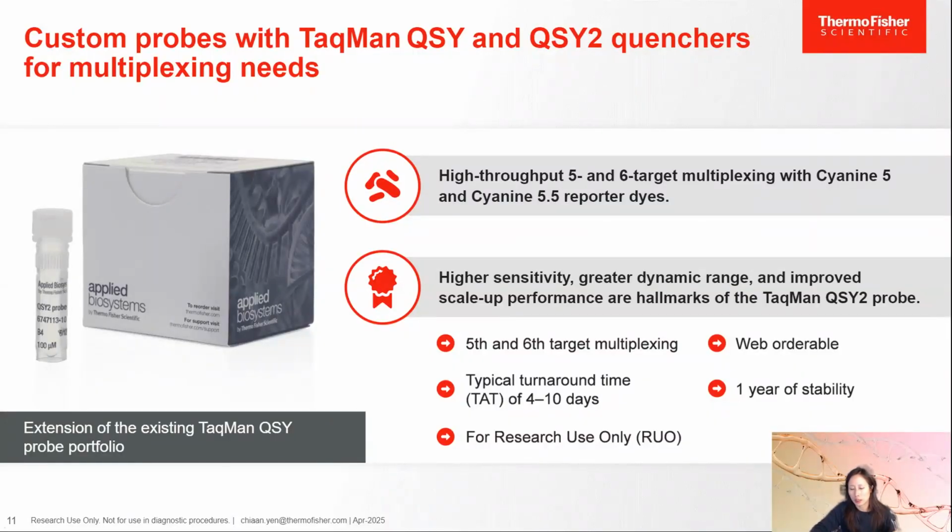They have really good sensitivity, good dynamic range, and improved performance when you do multiplexing. These are all characteristics that are important in multiplexing. And FYI, the turnaround time for these is about 4 to 10 days.